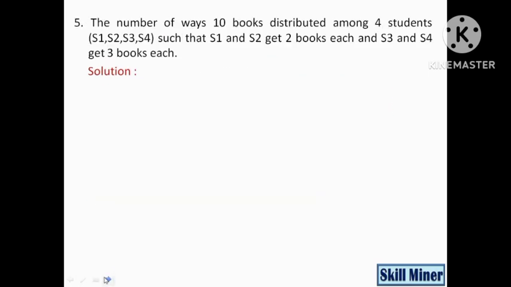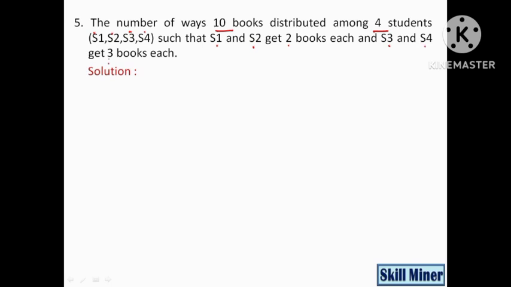Now I am moving to the last question. Find the number of ways 10 books can be distributed among 4 students, S1, S2, S3, S4, such that S1 and S2 get 2 books each and S3 and S4 get 3 books each.